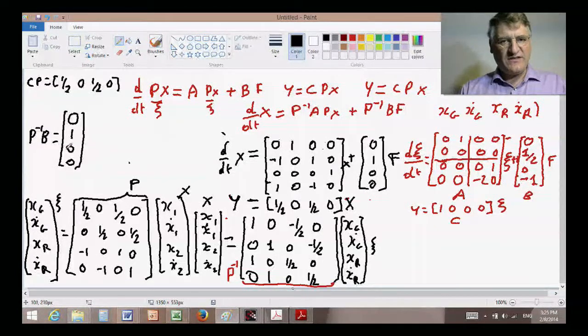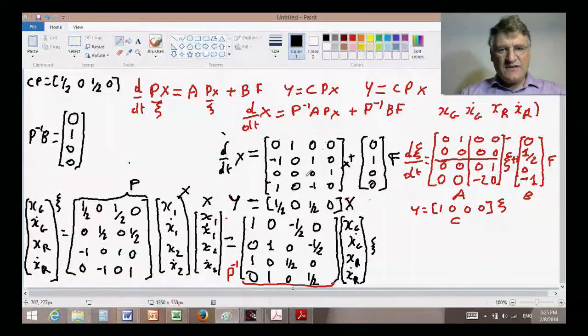Now let's compare this with that, and we see they are identical. Therefore, we indeed have that the transformed B, from C coordinates to X coordinates, is exactly what it should be.